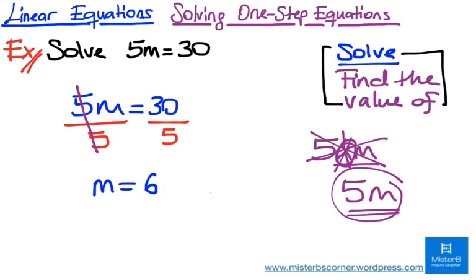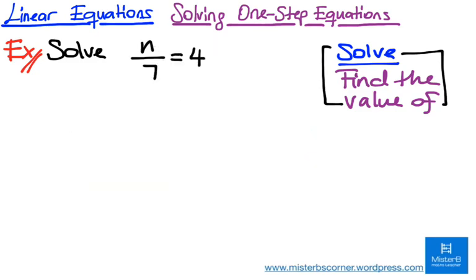One last example. Now this equation has division here: n divided by 7 is 4. Now, this fraction here, n over 7, should give you the idea of division. That over sign also means division. Now, if n is divided by 7, the opposite operation is multiplication.